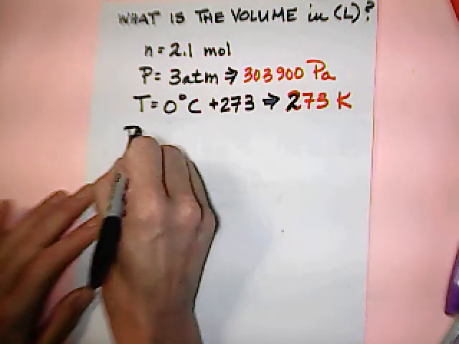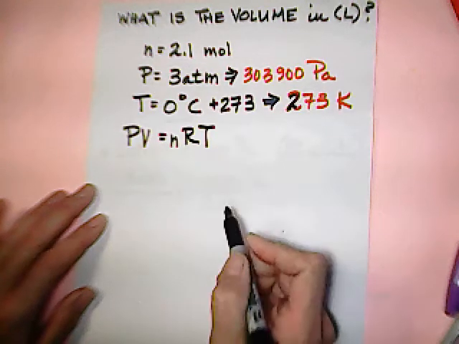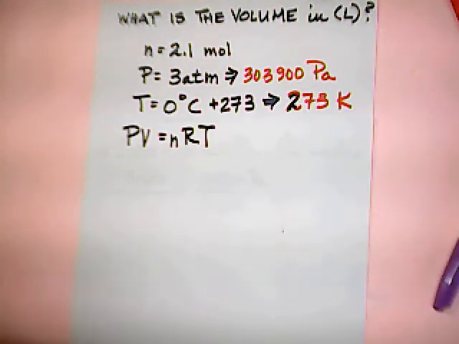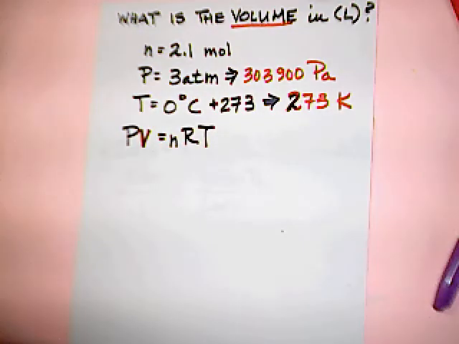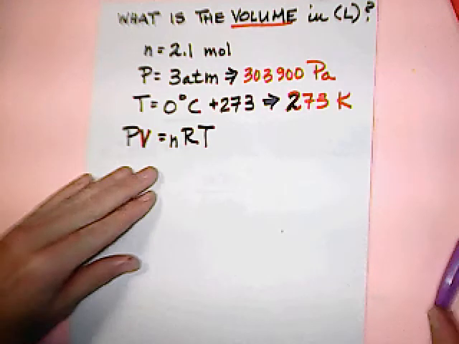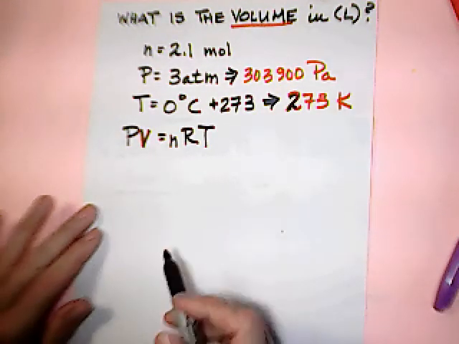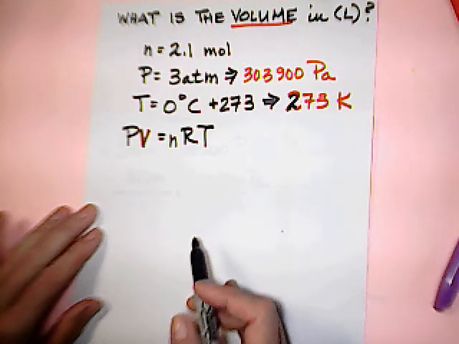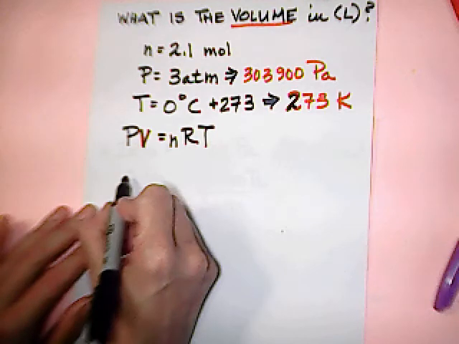I know that PV equals nRT. I'm solving for V because that's what they asked me. So what is your first step to get V by itself? I'm hoping you answered correctly.